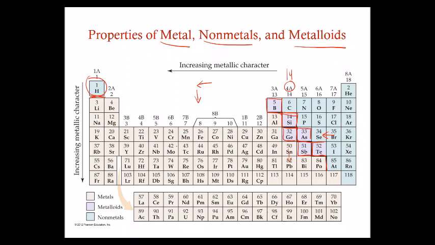And metals have certain properties and certain characteristics. Non-metals have certain properties and certain characteristics and so forth. And the opposite is true as well. So if metallic character increases if you go left and down, that means non-metallic character increases if you go up and to the right. So those are opposite of each other.